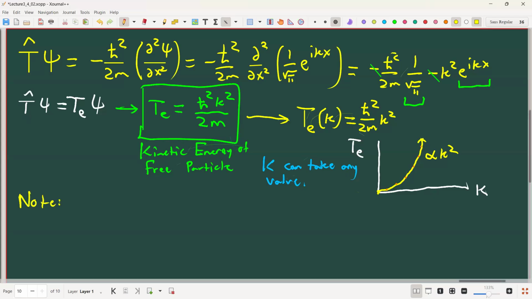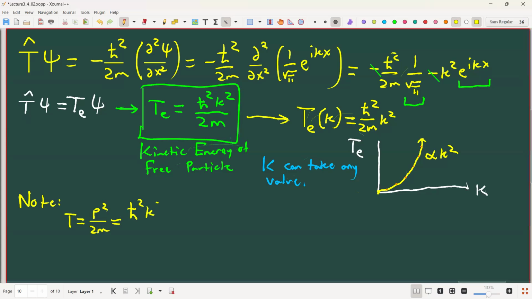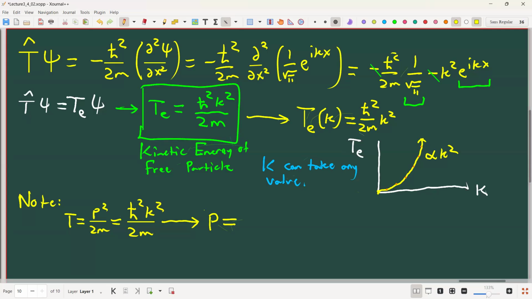We can write T as p squared over 2m, and in this case that's equal to h bar squared k squared over 2m. And this says that therefore the absolute value of my momentum is h bar k.